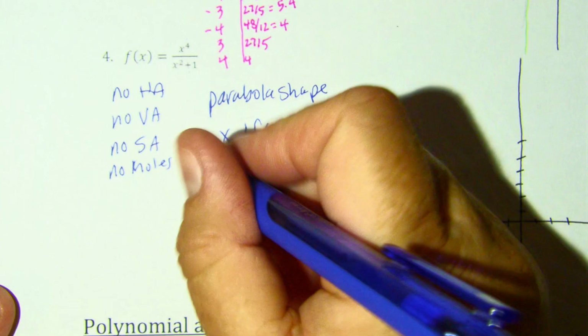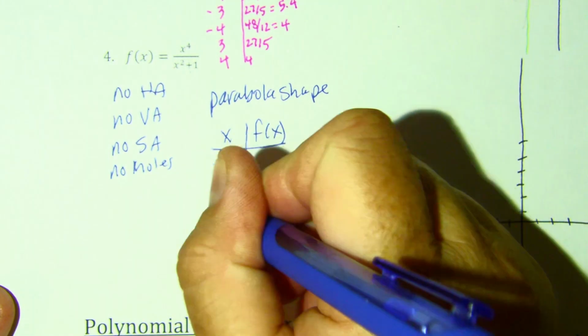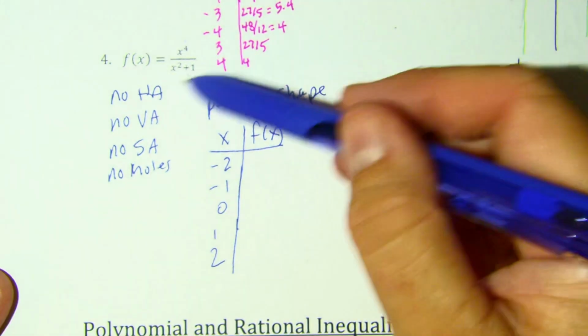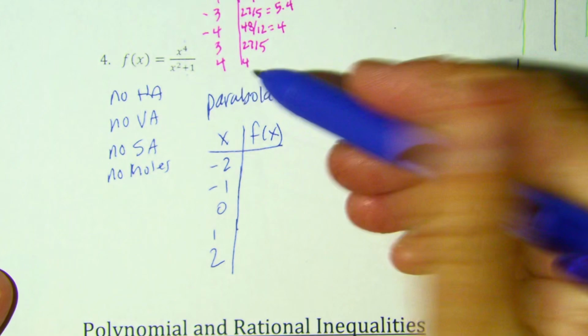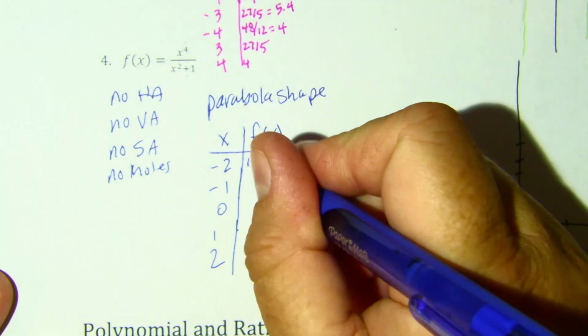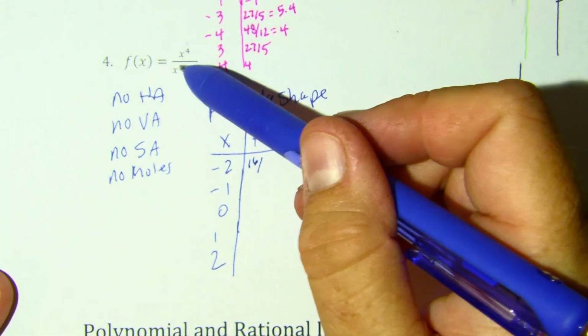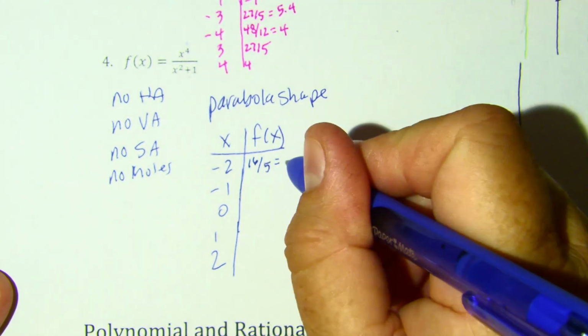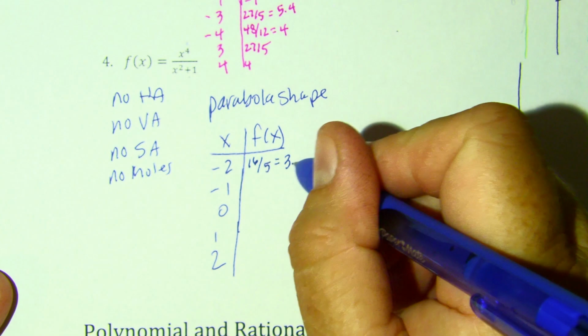So I can plug in, let's just start with -2, -1, 0, 1, and 2. Let's just start there, and if we need to plug in more values, we can. If I plug in -2 to this function, -2 to the fourth power is 16, and then -2 squared is 4, plus 1 is 5. So that is 3.2.